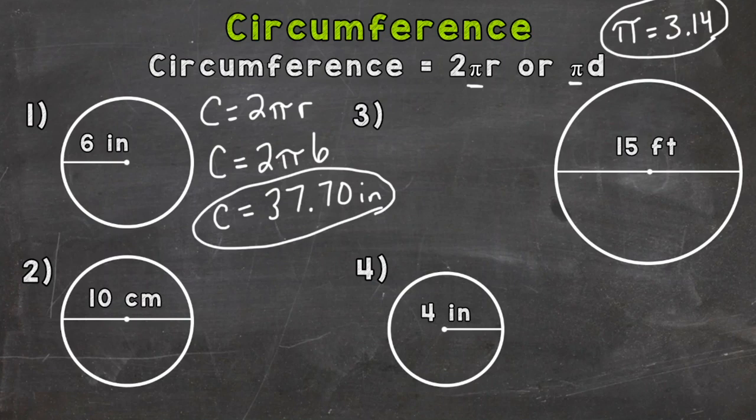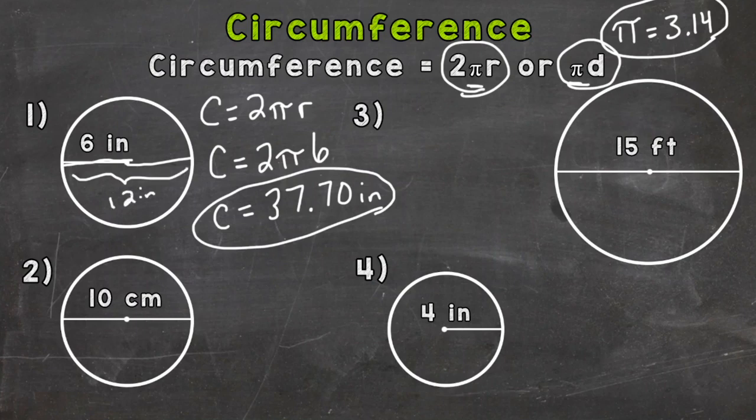One thing I do want to mention, you can use either of these formulas, 2 pi r or pi d, for any problem. If you're given a radius, you can find the diameter. You just double the radius, right? It's 6 inches halfway across this circle, so all the way across, the diameter would be 12 inches.